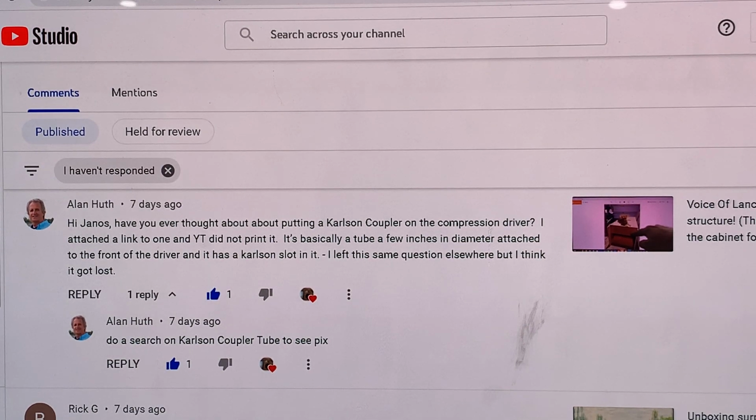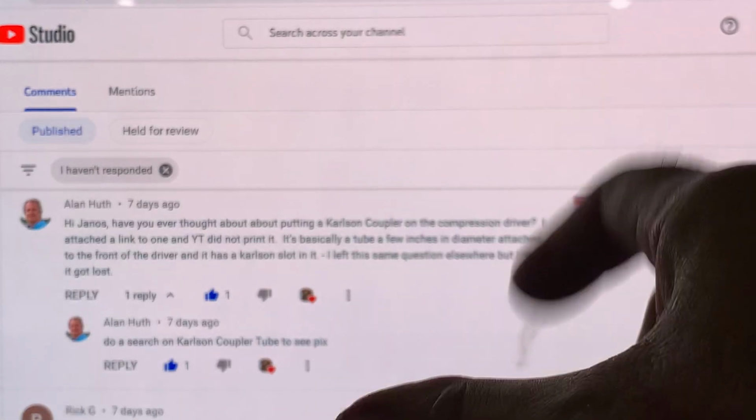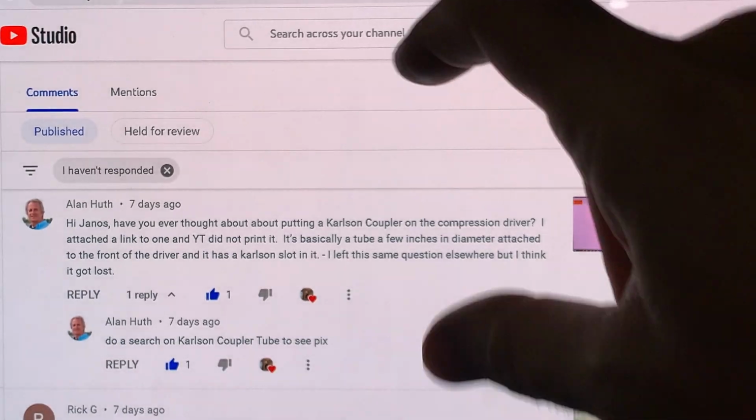So my answer to that, because Alan has seen it and many of you have seen it, is that I'm running the compression driver bare, and it does not have anything in front of it. And if we were attaching a Carson coupler to that, that would be attaching a pipe, a tube, and the tube has a slot at the end, so the sound is coming through a slot.